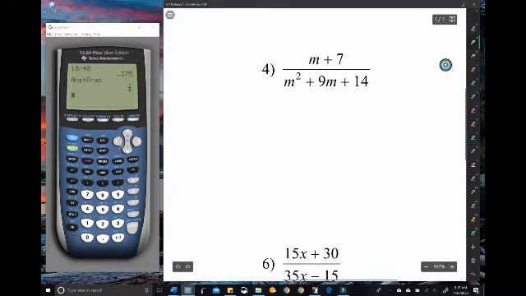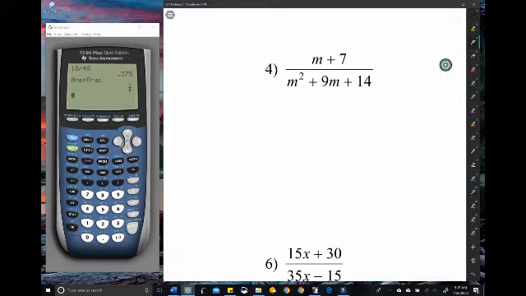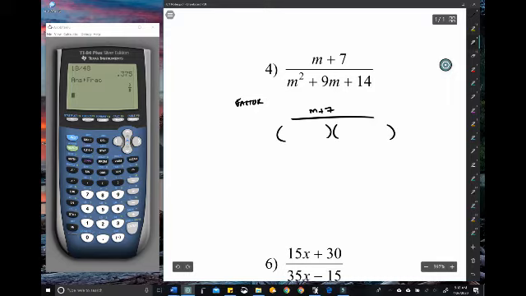So 4. Here's an example where, again, don't just say, oh, 7 and 4 is 2. No, don't do that. Skull, crossbones, okay? Instead, factor first. Factor the denominator. So we have an m plus 7 in the numerator. Denominator are going to be m plus 2 and m plus 7.